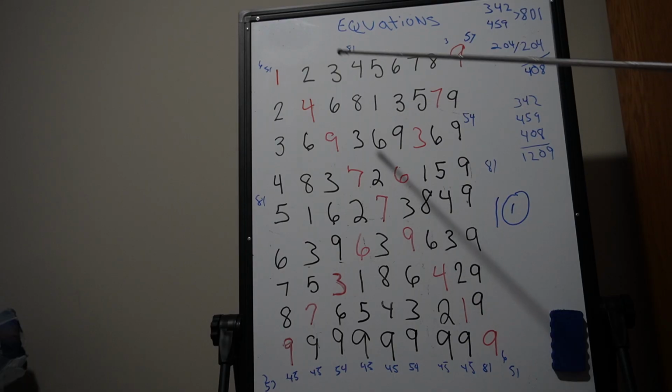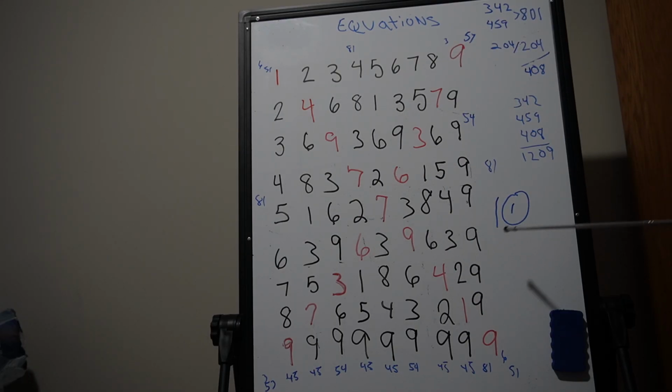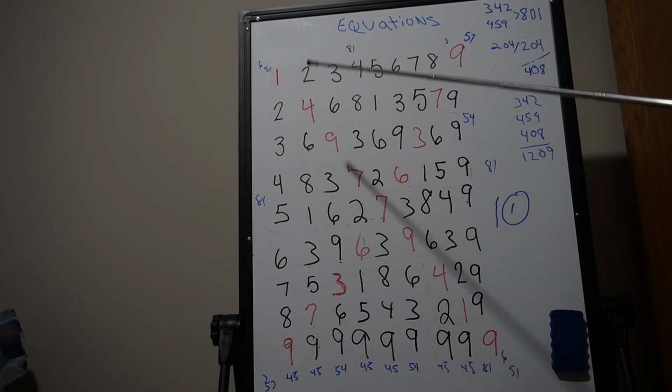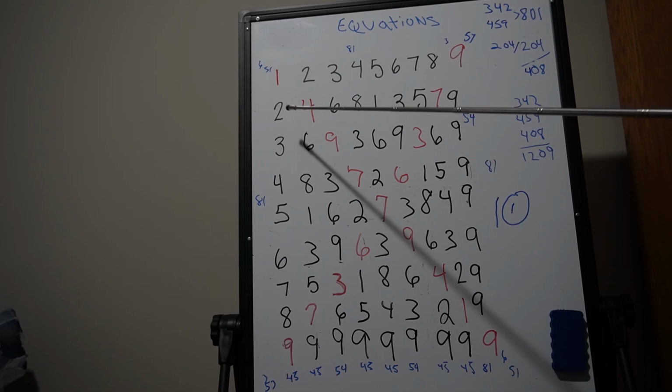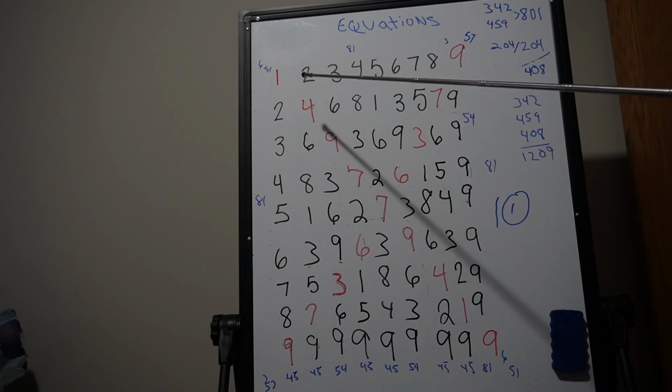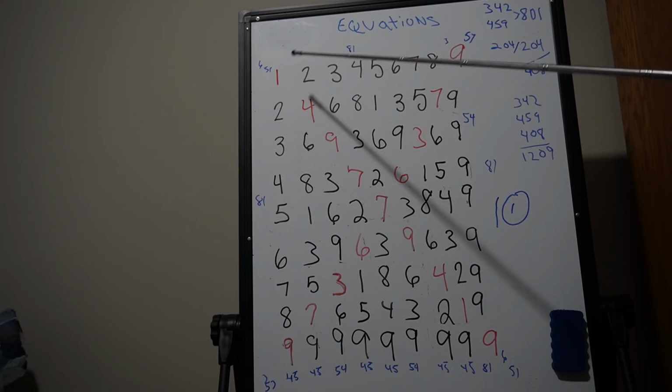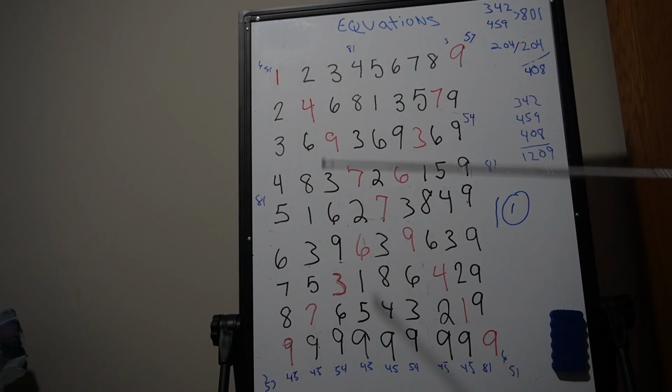For instance, 2 is the only number like 0. Whether you add it or multiply it, you get the same result. 0 times 0 is 0. 0 plus 0 is 0. 2 times 2 equals 4. 2 plus 2 equals 4.